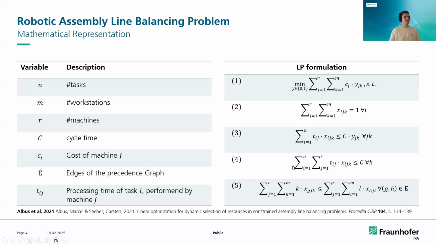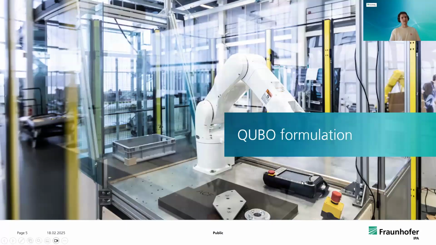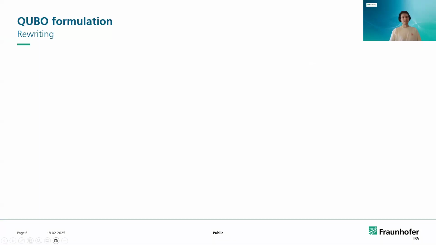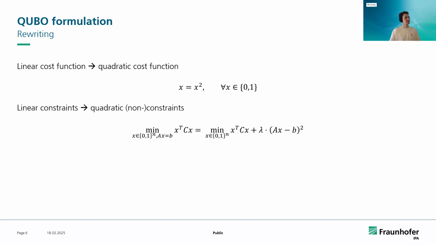So the first step was to reformalize this as a QUBO. There's a couple of steps we have to take. First of all, we have a linear cost function, which we have to change to a quadratic cost function, which is fairly easy because we're working with binary variables. We have a couple of linear constraints.